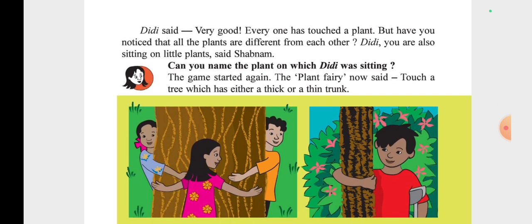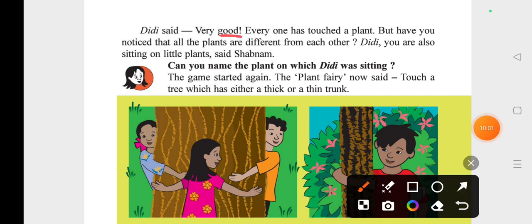Didi said, very good. Everyone has touched a plant. But have you noticed that all plants are different from each other? Didi, you are also sitting on a little plant, said Shabnam. Yes, children.